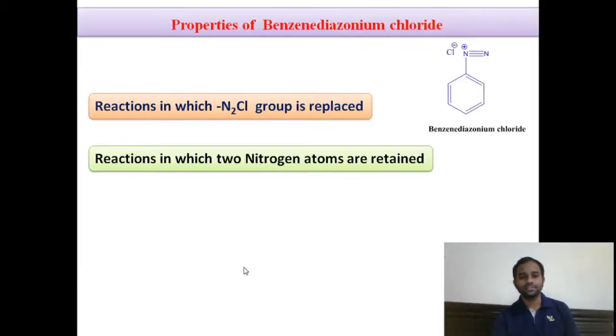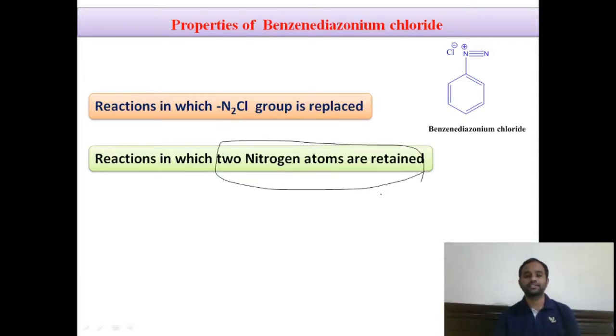Now let us discuss the properties of benzene diazonium chloride in which the two nitrogen atoms are retained. That means the reactions in which two nitrogen atoms are retained in the benzene diazonium chloride itself, right?